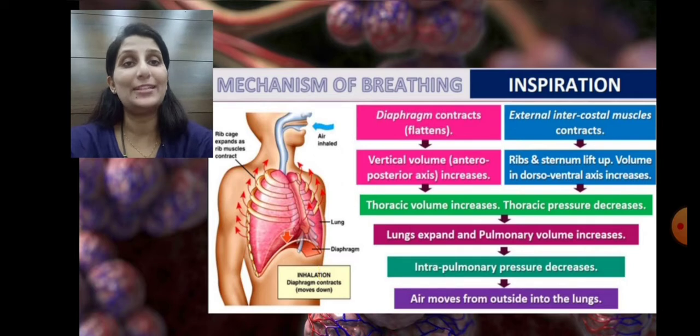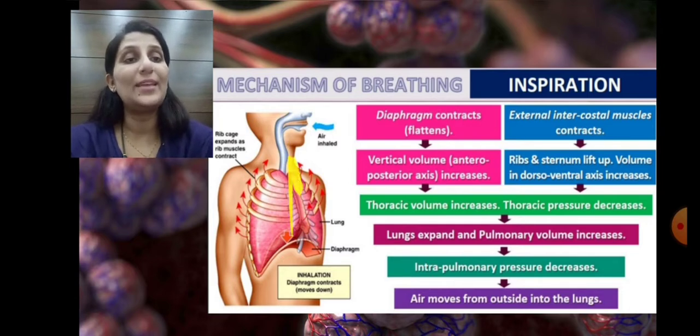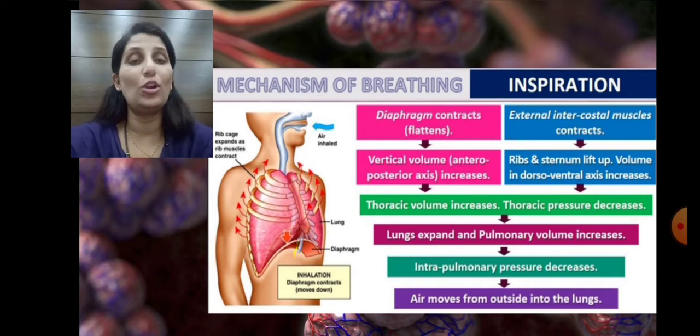So it flattens. And as a result, the thoracic chamber increases in the vertical volume, that is in the anterior posterior axis. Due to the flattening of the diaphragm, the thoracic chamber increases its volume in the anterior posterior axis. This is the anterior part and this is the posterior part.